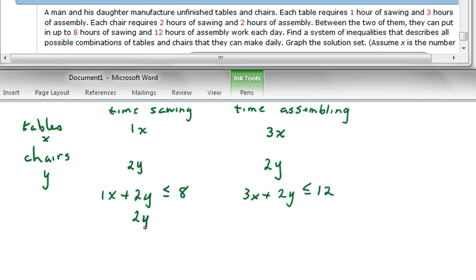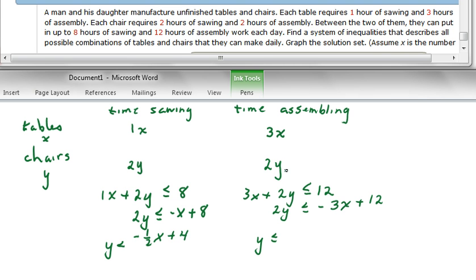So we get 2y is less than or equal to the opposite of x plus 8, or y is less than or equal to minus 1/2 x plus 4, and 2y is less than or equal to minus 3x plus 12, or y is less than or equal to negative 3/2 x plus 6.